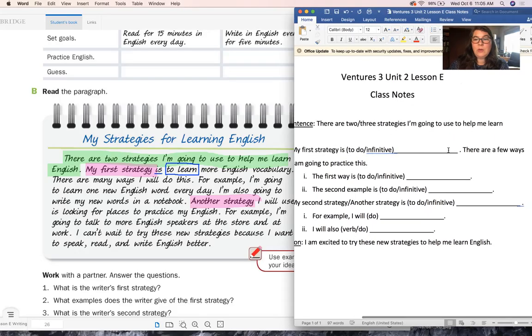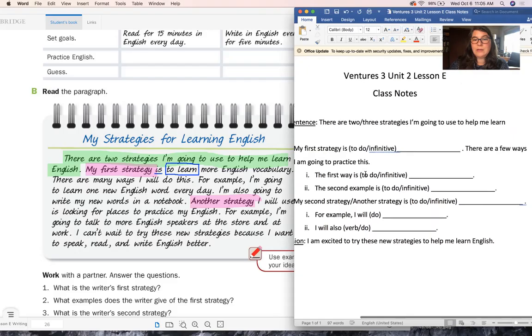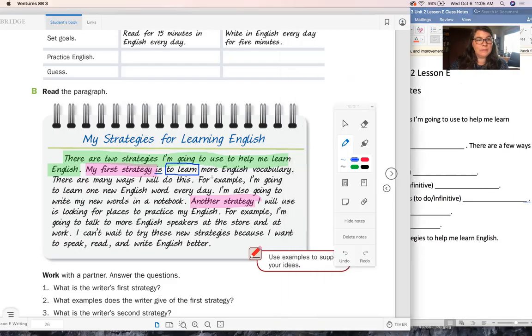Okay. And then you can say, there are a few ways I'm going to practice this. Here it says, my first strategy is to learn more English vocabulary. There are many ways I will do this. And then what's next? For example. For example means here is more information. Information about what? First strategy.